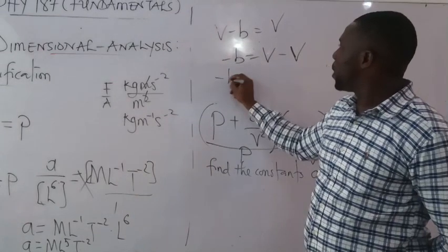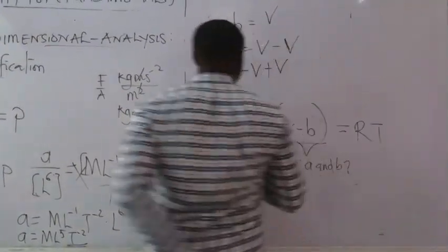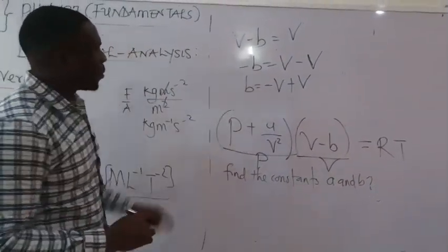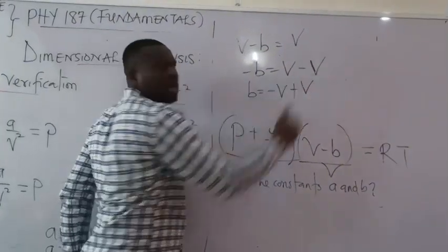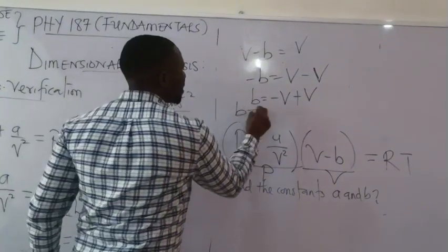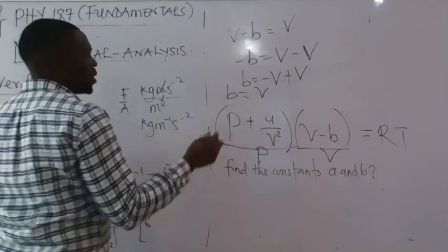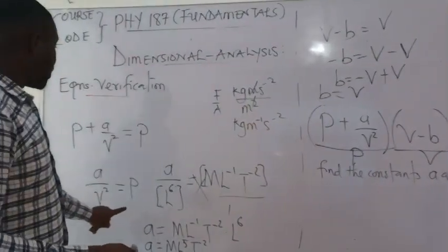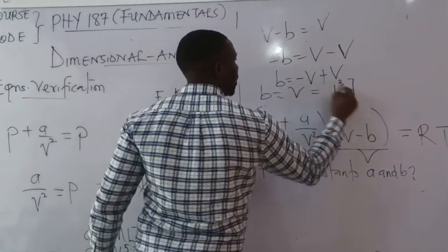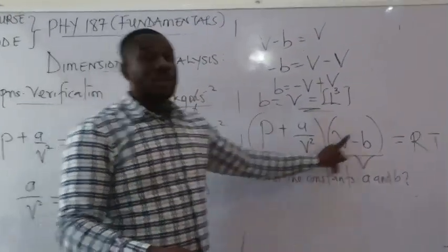Of course, this is just a 0, but I'm particular about what volume is all about. So b is simply volume, so to speak. Alright, so b is volume, and what is volume is simply L raised to power 3. And these are the dimensions of the constants a and b in the general gas equation.